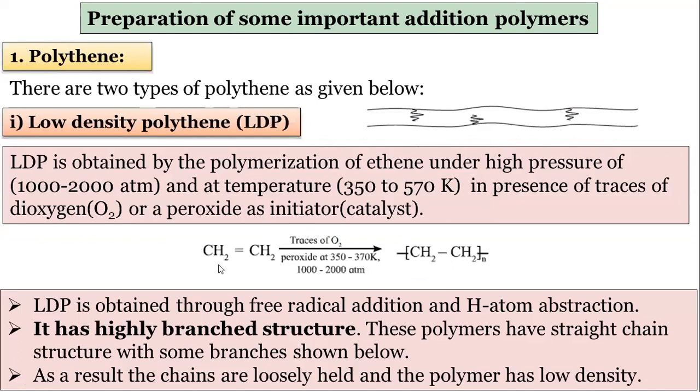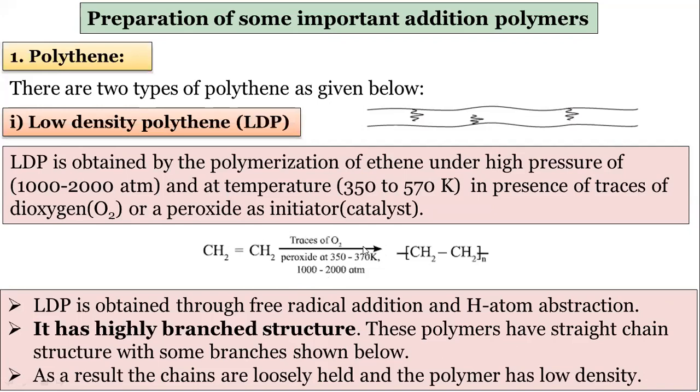See how it is prepared. This is the ethene molecule. LDP is the short form of low density polythene. Low density polythenes are prepared by polymerization. Methods of preparation of polymers are called polymerization. These polymers are prepared by the polymerization of ethene under high pressure. See, the pressure is 1000 to 2000 atmosphere, and the temperature is 350 to 370 Kelvin, in the presence of traces of dioxygen, meaning a little dioxygen we have to use, and a peroxide is used as a catalyst.